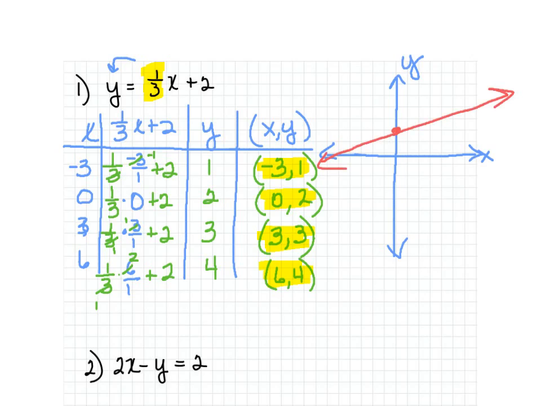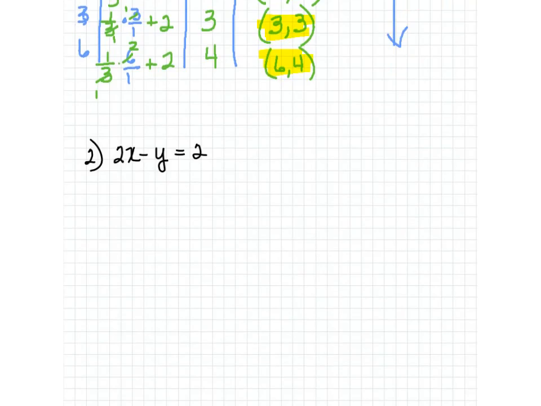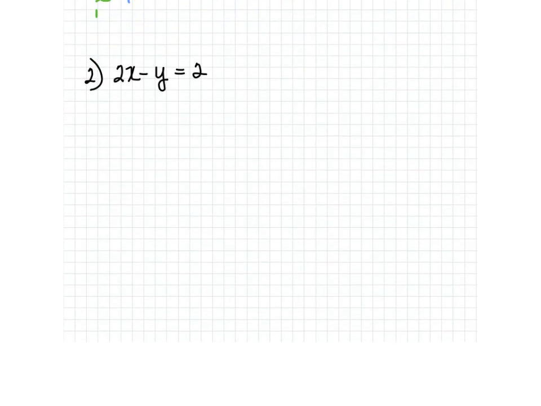All right, let's continue on to number 2. Notice on number 2 that y is not isolated. Y is not alone on the left-hand side of my equation. So we need to do some inverse operations to get it alone. How am I going to isolate y?